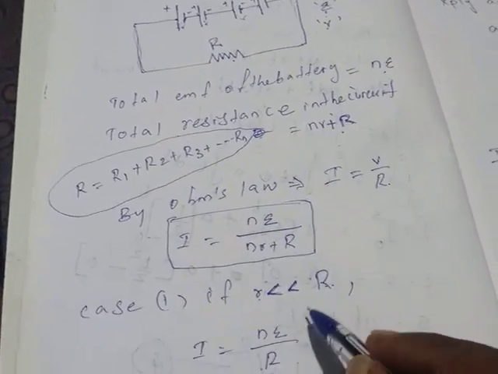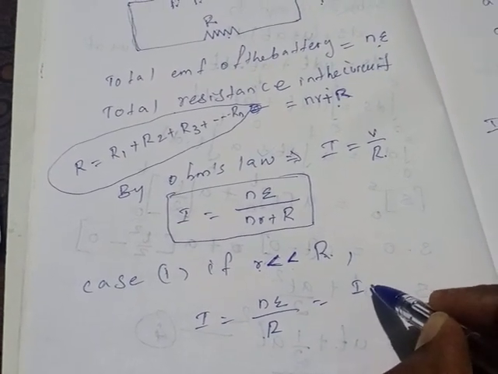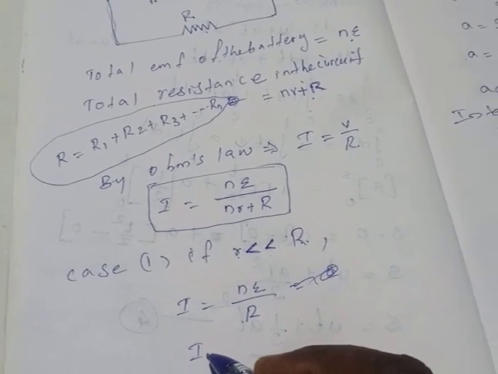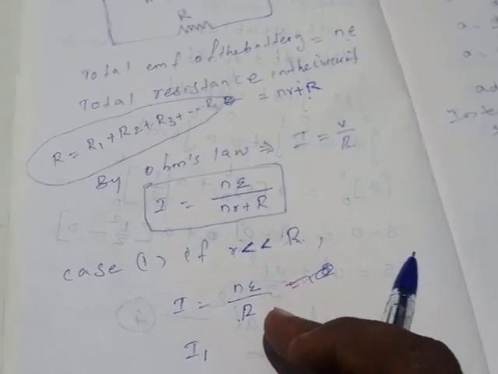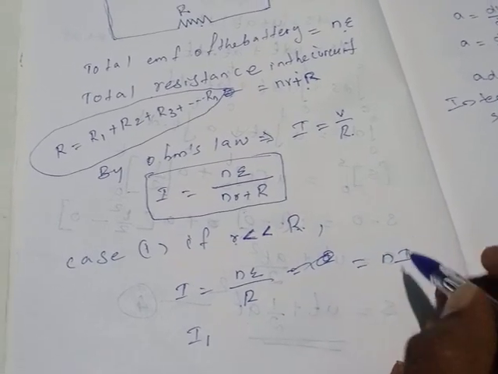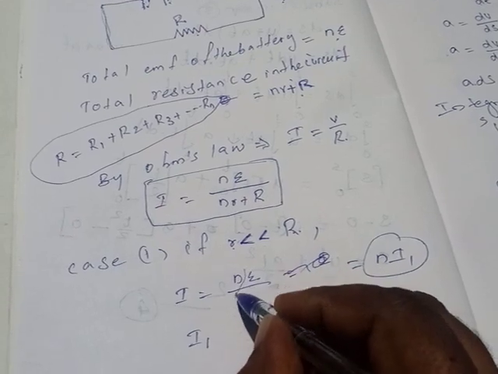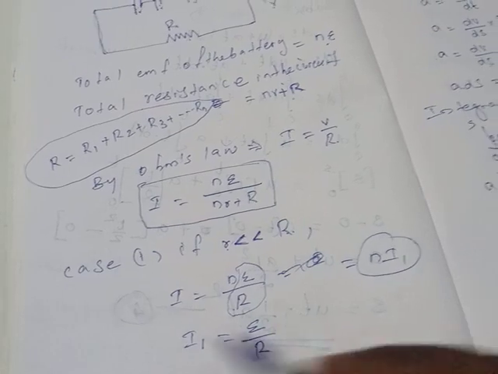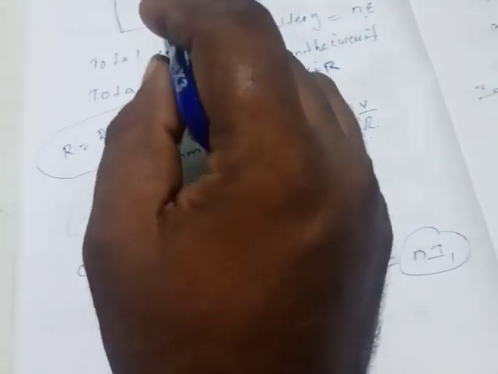So from this formula you can write I is equal to N into I1, where I1 is equal to epsilon by R. So what does I1 mean? It is the current in a single cell.